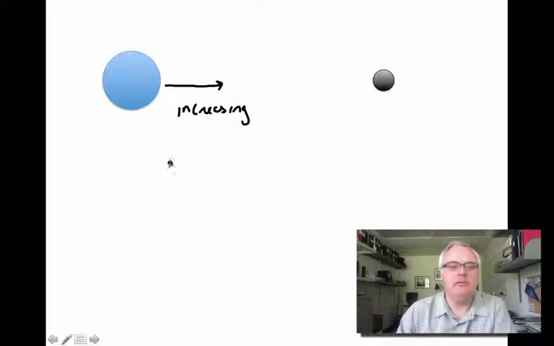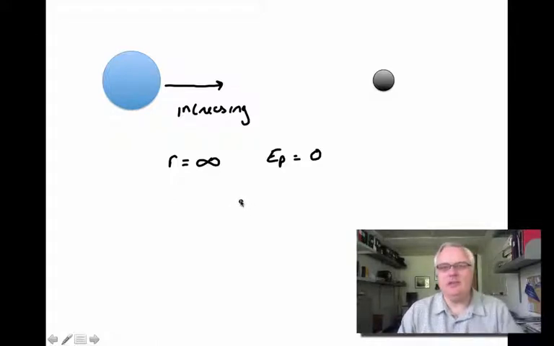But what if I took the separation between these two and made it infinity? If I took this object and moved it as far away from the Earth as possible, how much potential would there be for it to get pulled back by the Earth? Well, at infinity, it makes sense that the potential energy has to be zero. So how can I be increasing the energy, but increasing it towards zero? Well, that's where the negative sign comes in.